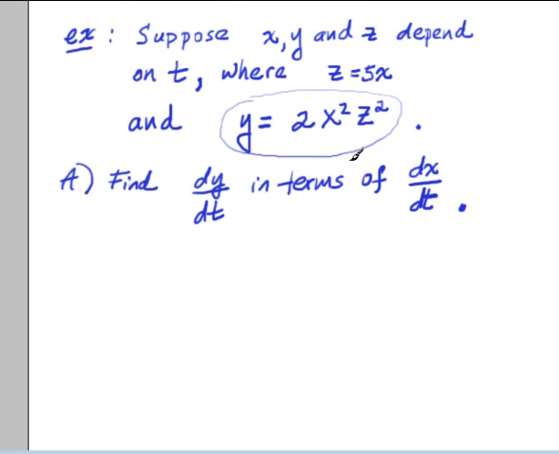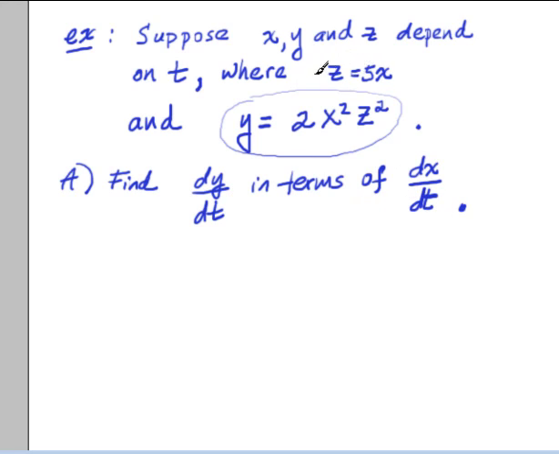So we do what we typically do in these related rate problems. Often we have to first get rid of an unwanted variable and then differentiate with respect to t. And here the unwanted variable is z, because we want dy dt in terms of dx dt. There's no mention of z here. So let's get rid of z.